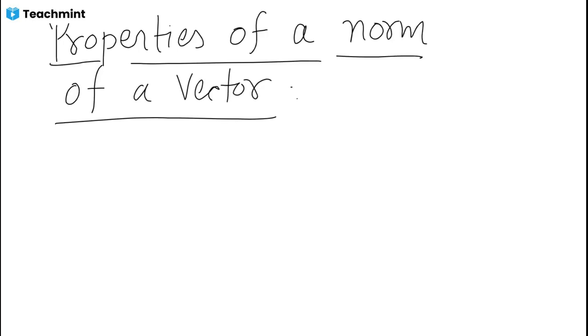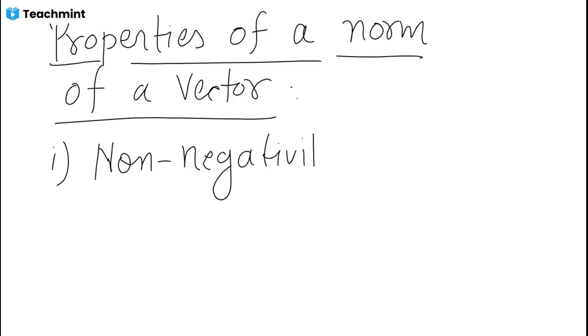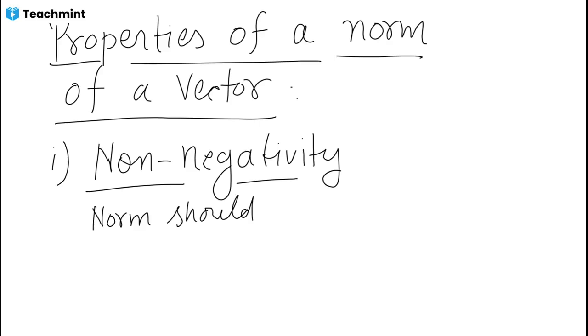First property is non-negativity. What does it mean? Norm should always be non-negative.